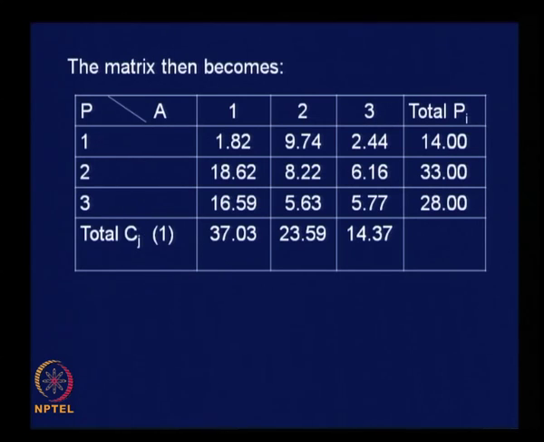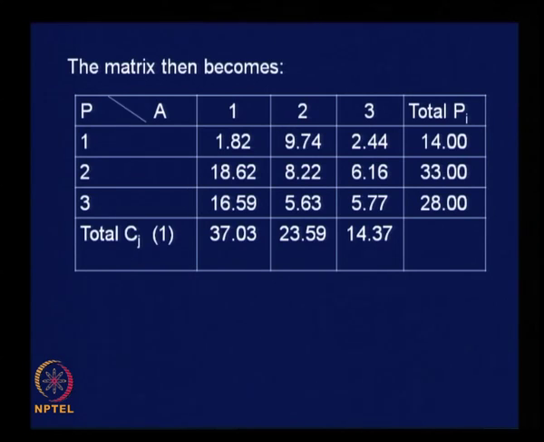And if you look at the trip attraction values, we are getting 37.03 against a given value of 33 in the original problem, and we get a value of 23.59 against a given value of 28 in the problem, and we are getting a value of 14.37 instead of 14.